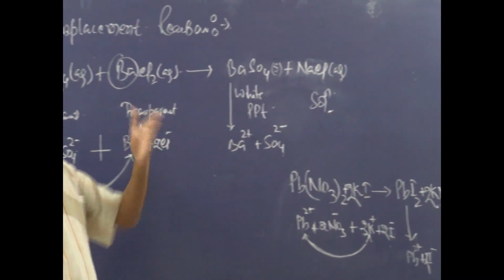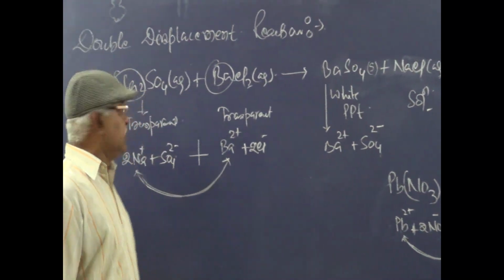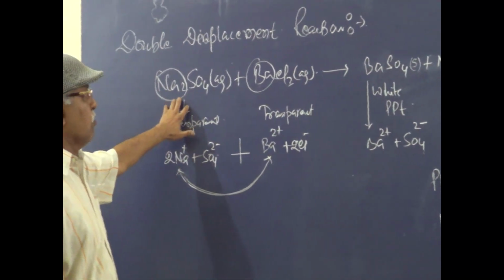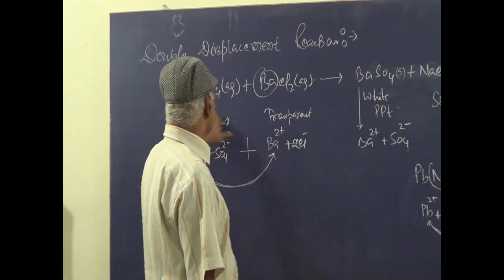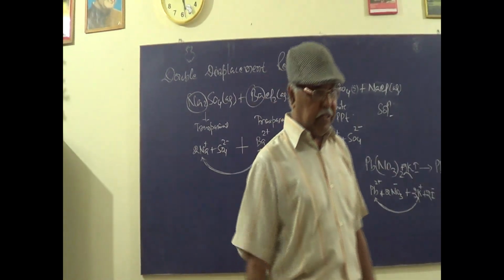Now pay attention, I am going to explain the activity to you. I will be taking the sodium sulfate aqueous solution and barium chloride aqueous solution. First, I have to prepare the sodium sulfate. I will take it, then we will prepare the aqueous solution. Now, see, pay attention to that.